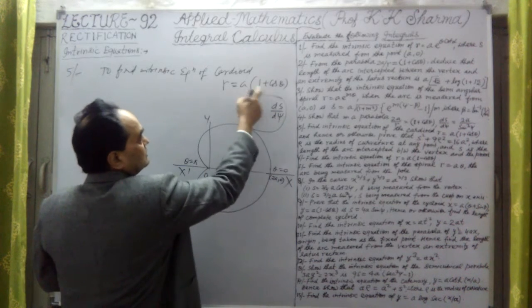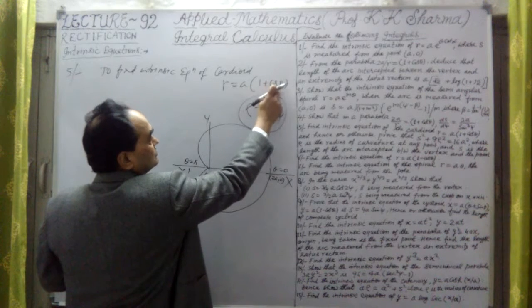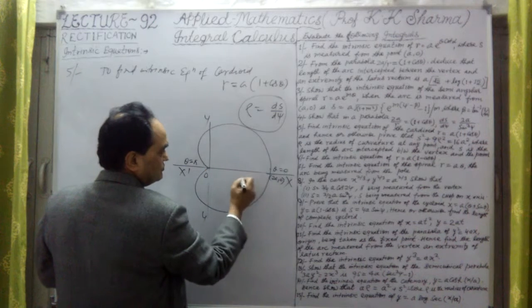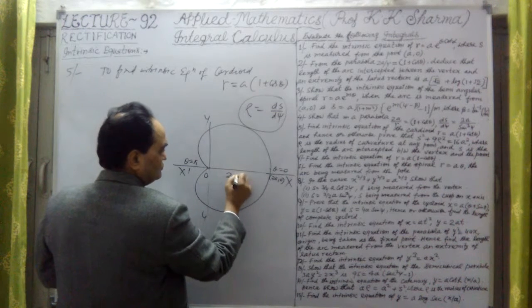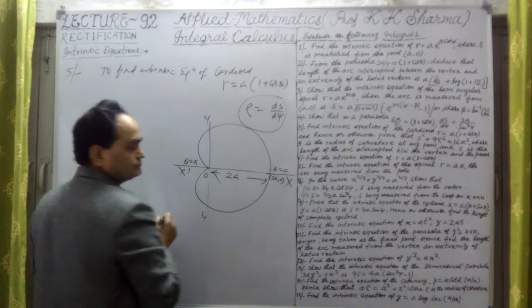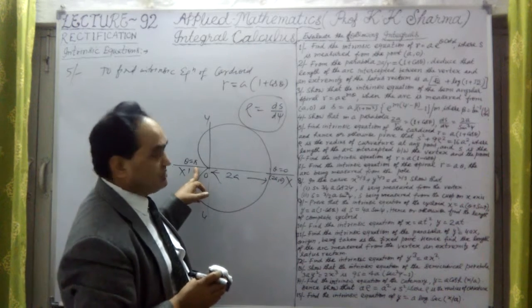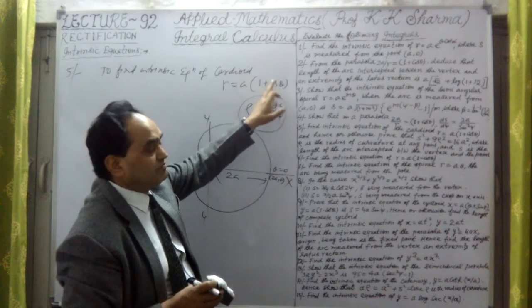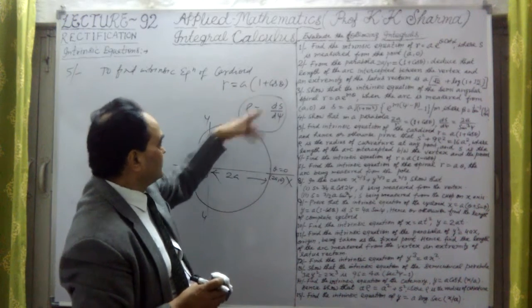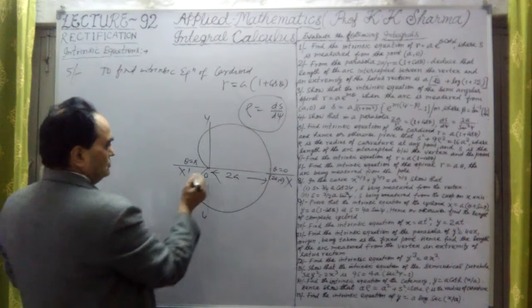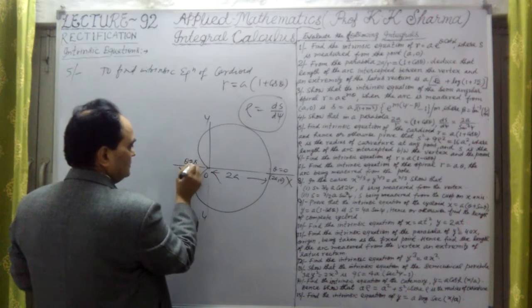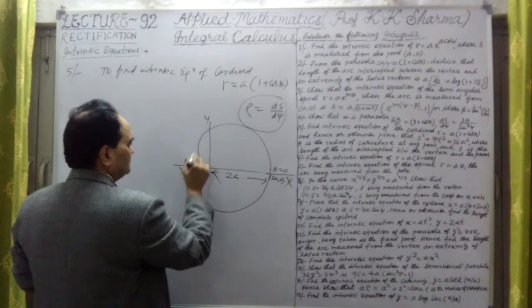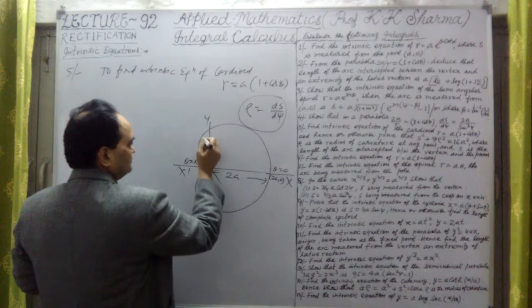At π, cos π is minus 1, so 1 minus 1 is 0, r equal to 0 here.